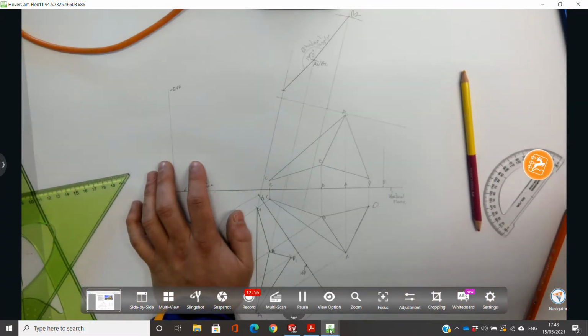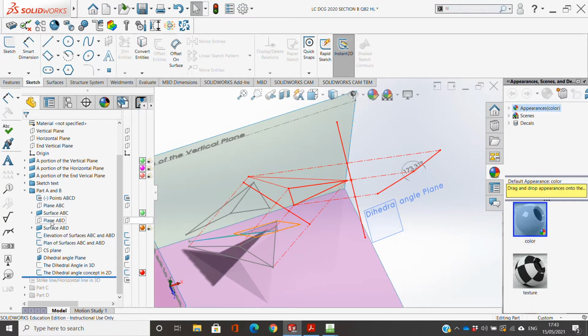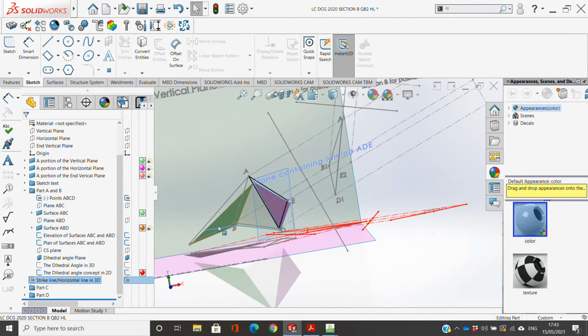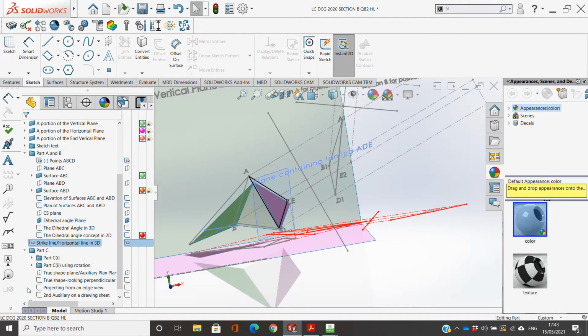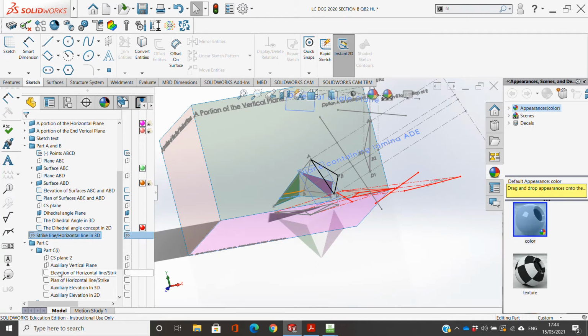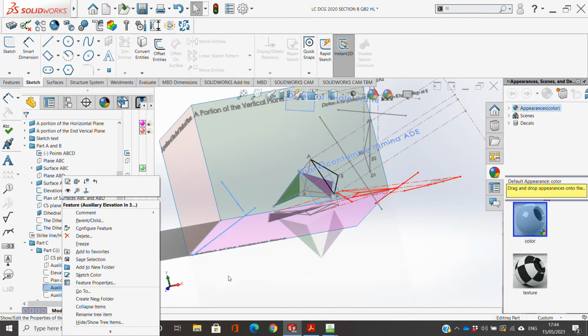So, don't know what I done here in SolidWorks. There's the straight line, okay, the horizontal line. So what did I do? So if you look along that plane, you're going to get the surface to project as an edge.